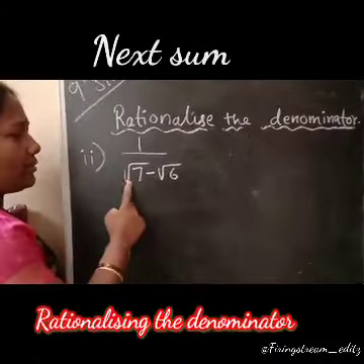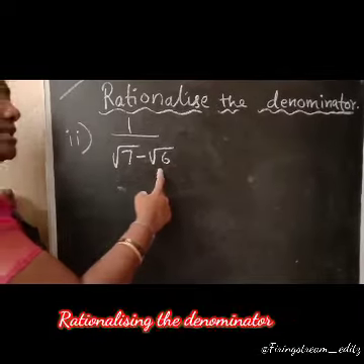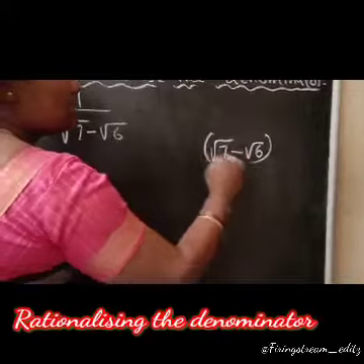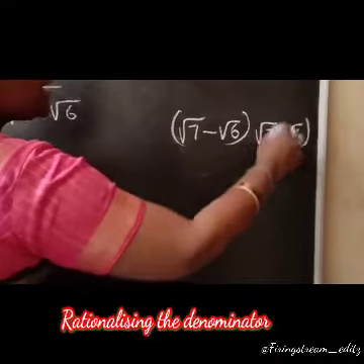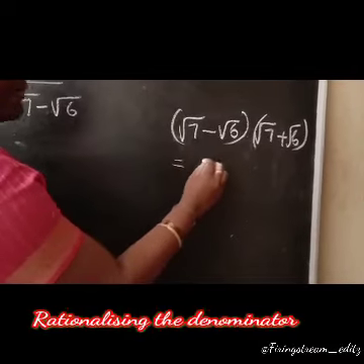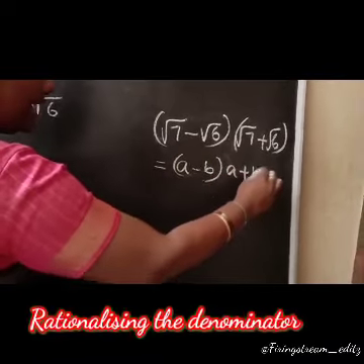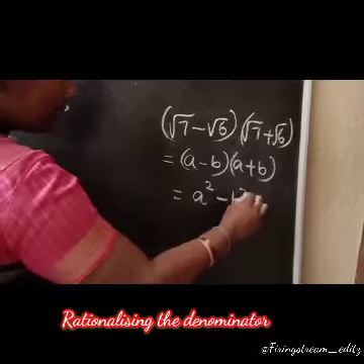Now, 1 divided by square root of 7 minus square root of 6. For this number, the conjugate is square root of 7 plus square root of 6. We have the formula (a minus b) into (a plus b) equals a square minus b square.